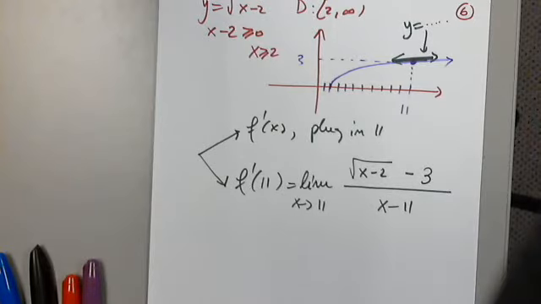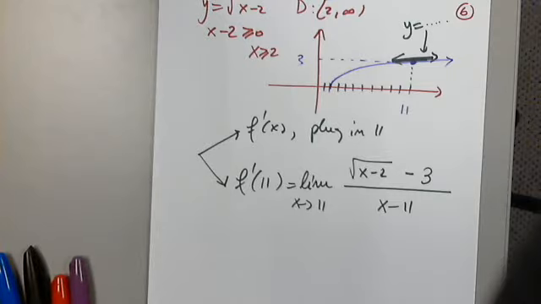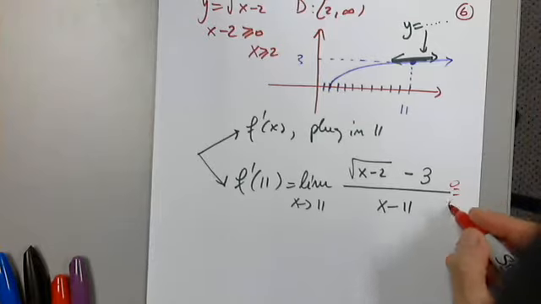Okay, so plug it in. What do you think you're going to get? No, I hope not, because then the slope doesn't exist if it's undefined. So what do I get when I plug in 11? Indeterminate. Yes, which is exactly, of course.